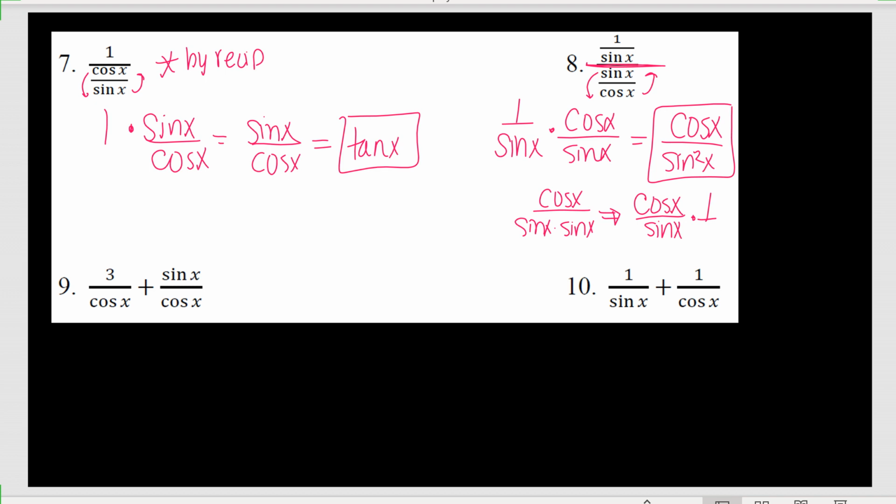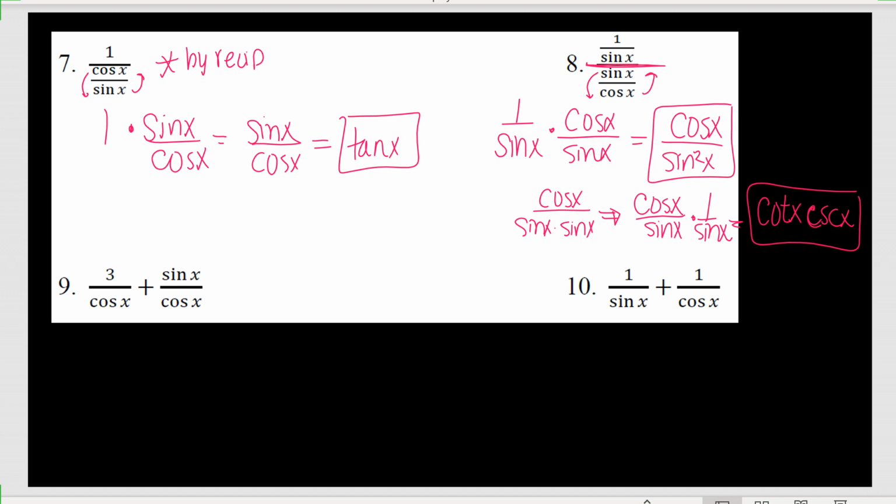Then we can use our other identities to replace cosine of x over sine of x with cotangent of x, and 1 over sine, its reciprocal, is cosecant of x. So you've got 2 perfectly fine answers for that particular example.